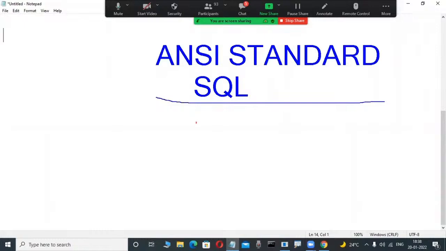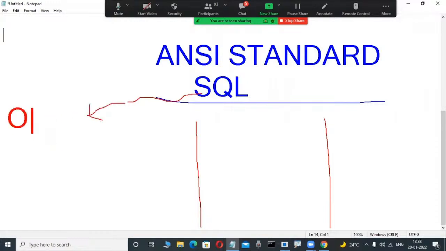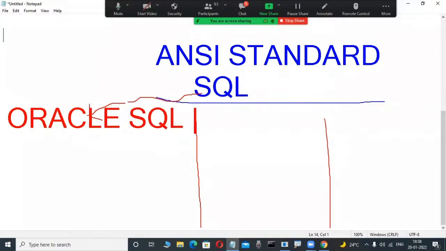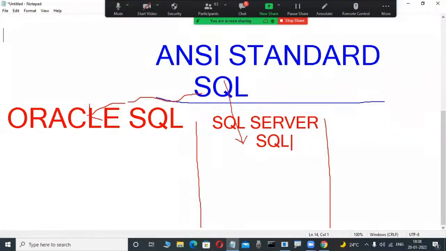I agree, but unfortunately, observe here, from this ANSI standard SQL language, Oracle Corporation created their own SQL that is called Oracle SQL. That is important, and so many fellows don't know it. Again, SQL Server, a Microsoft product, created their own SQL from this ANSI standard, called SQL Server SQL.